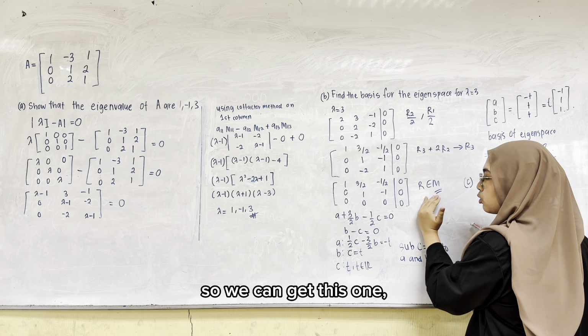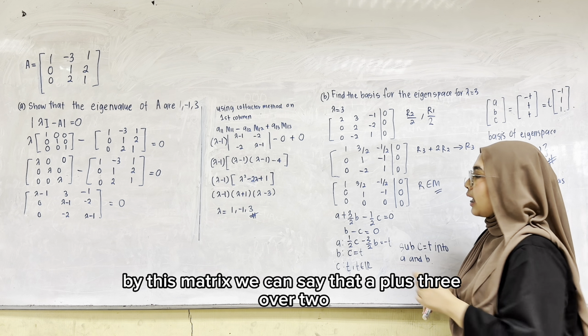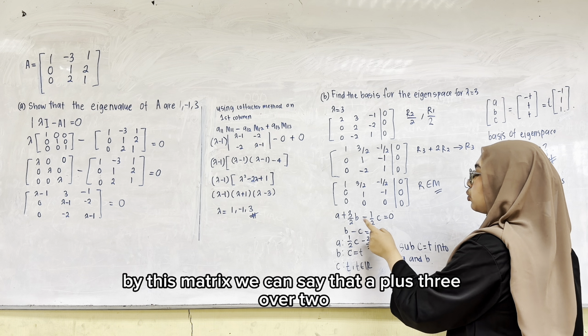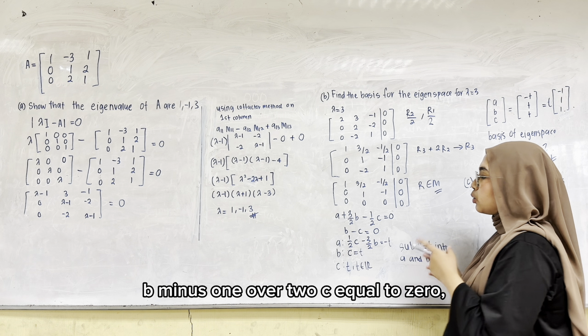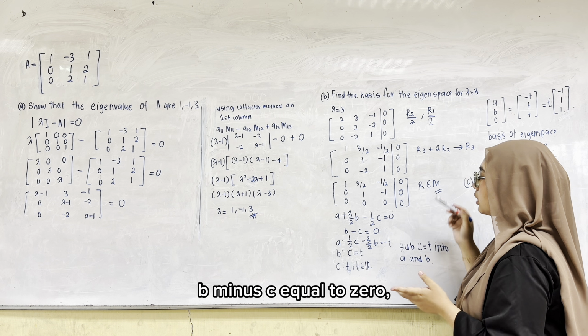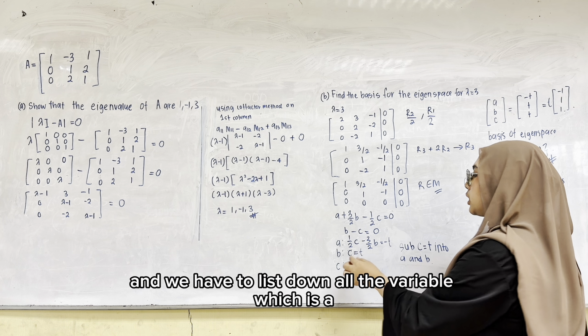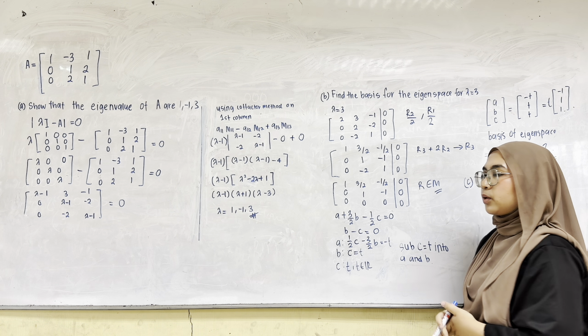So we can get this one. From this matrix, we can say that A plus 3 over 2 B minus 1 over 2 C equals 0, and B minus C equals 0. And we have to list down all the variables, which are A, B, and C.